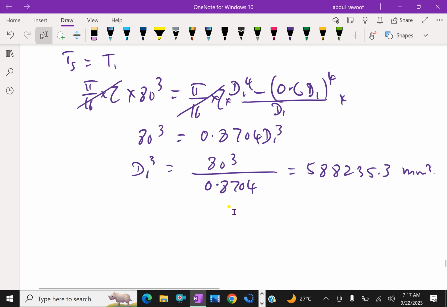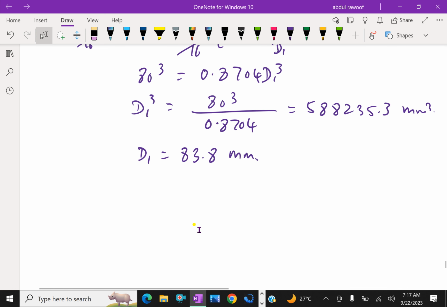Now taking the cubic root, we have D1 equal to approximately 83.8 mm. This is the external diameter of the hollow shaft, and the internal diameter d is equal to 83.8 into 0.6, that is 60%.